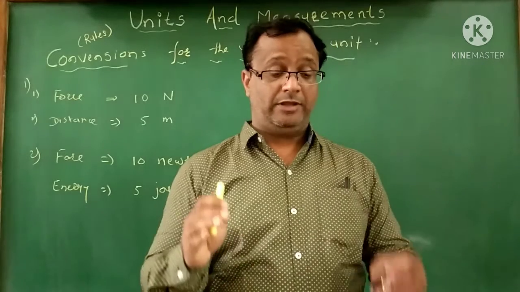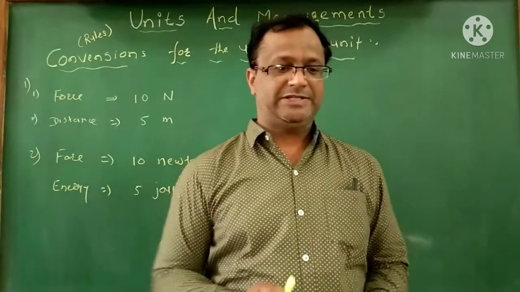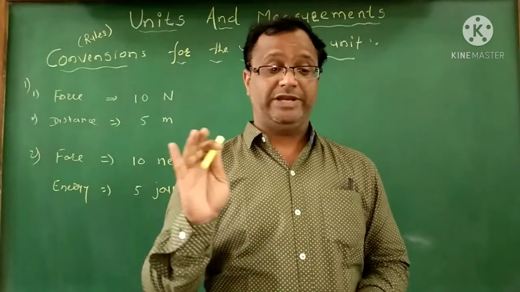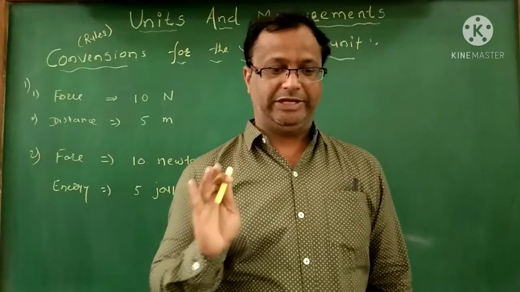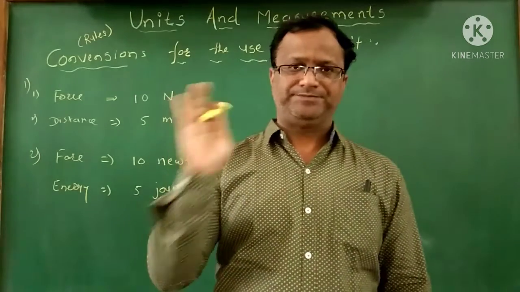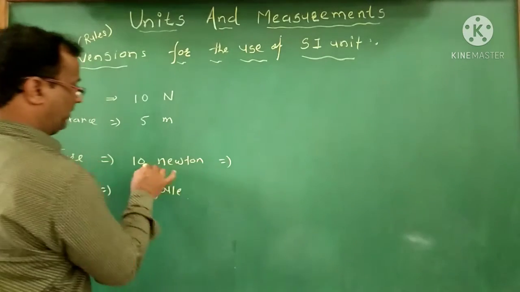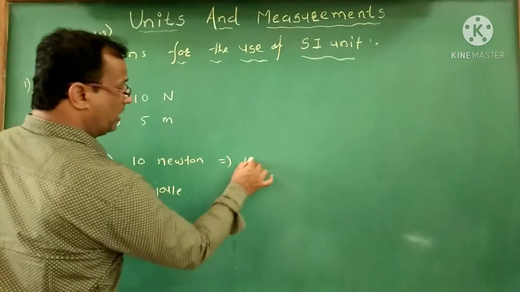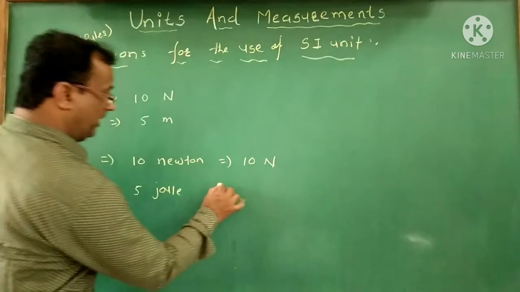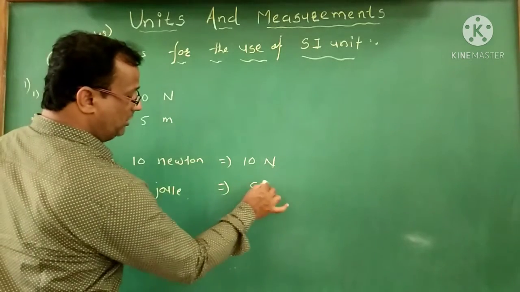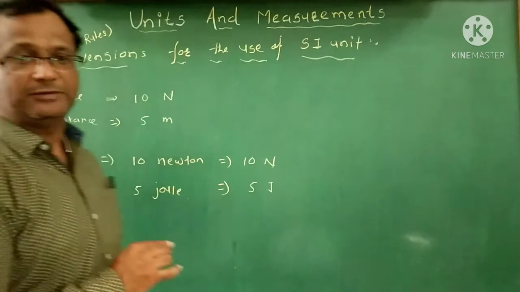Again, if we want to write the same unit in symbolic form, then at that time we write the capital letter. Suppose instead of 10 newton in full form, we want to write only the symbol, then we simply write 10 N. If we want to write 5 joule, then we simply write 5 J. J means joule.